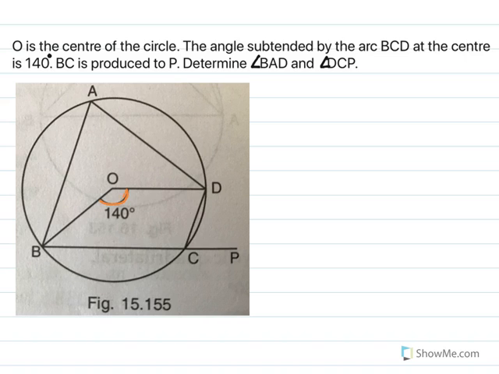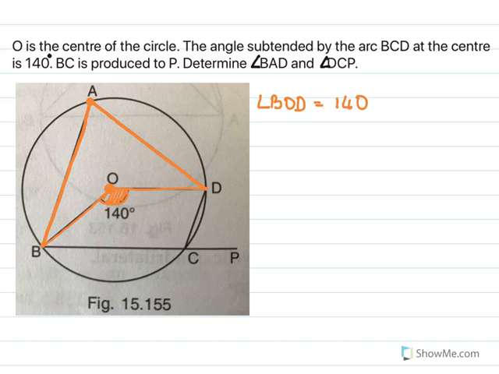So first, this is given as 140. Angle BOD will be 140. So angle BOD equals 140. That is the angle at the center. Now to find the angle at the circle, if we join this, this will be the angle at the circle.